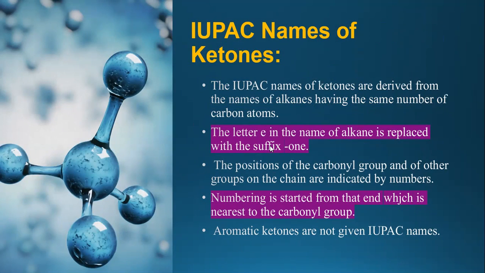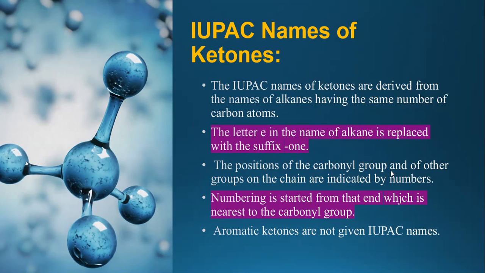Suffix means the end, the word which is used at the end of your word is known as the suffix. Like in the case of aldehyde, the ending is replaced by the word al, but in the case of ketone, the letter e in the name of the alkane is replaced by the word one, that is o and e.